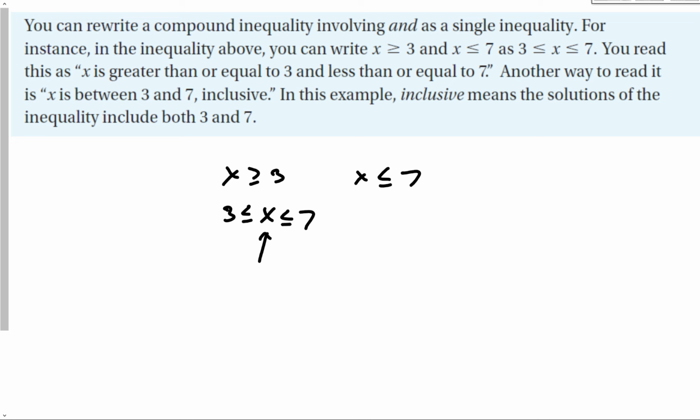They both include 7 and 3. This is only possible if the variables are the same, if we're comparing the same expression to the numbers, and we're looking for an and inequality.